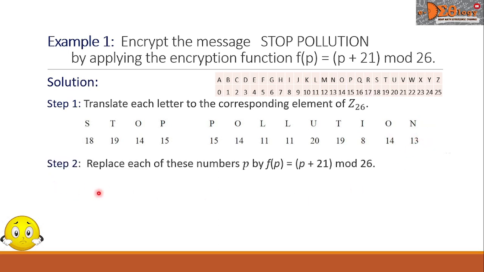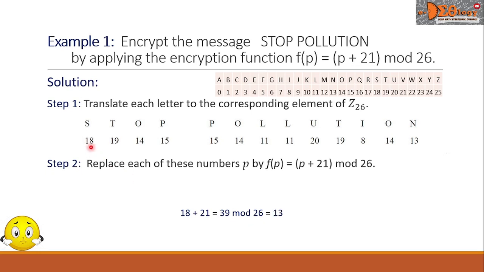Then step 2, we will replace each of these numbers p by f(p) = (p + 21) mod 26. Let's begin with the first number, 18. So we have 18 plus 21. The answer is 39. Then we take the mod 26. The answer here is 13.